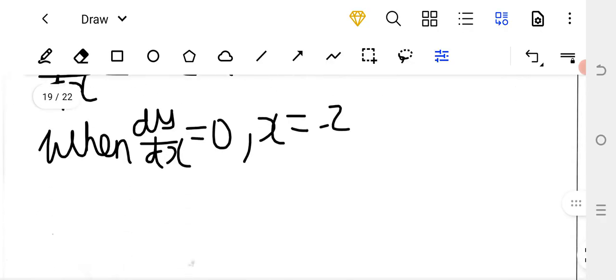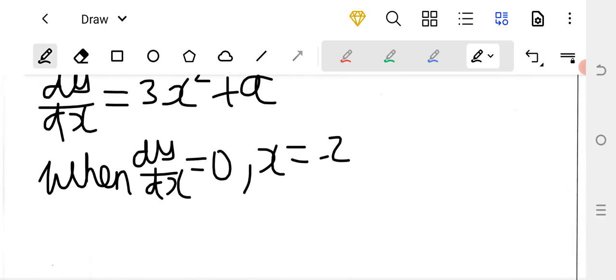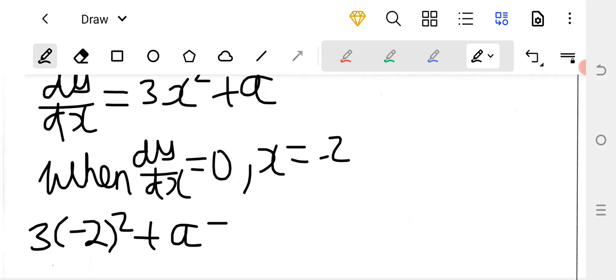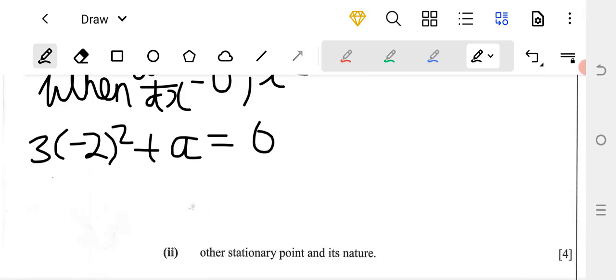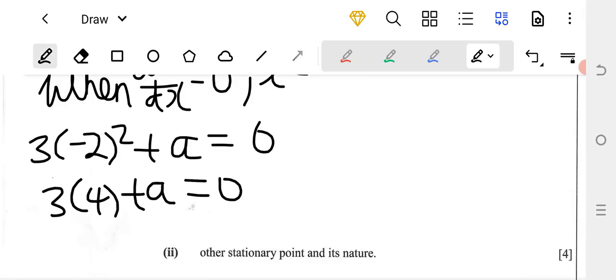Yes, negative 2, 3. So 3 multiplied by negative 2 squared plus a is equal to 0. 3 multiplied by 4 plus a is equal to 0. 3 multiplied by 4 is 12. A is equal to negative 12.